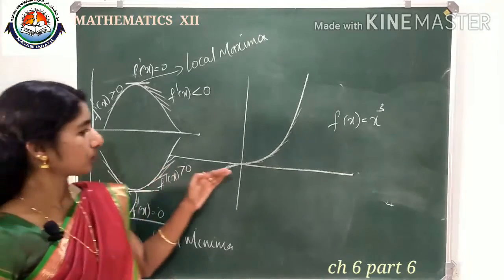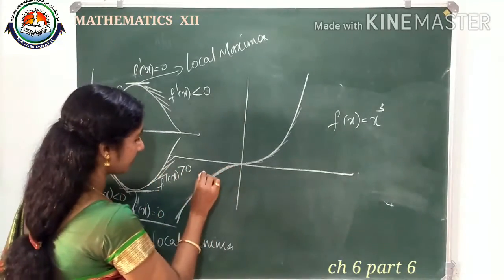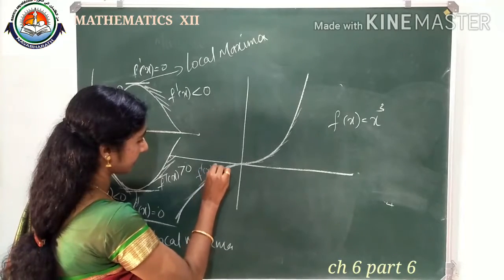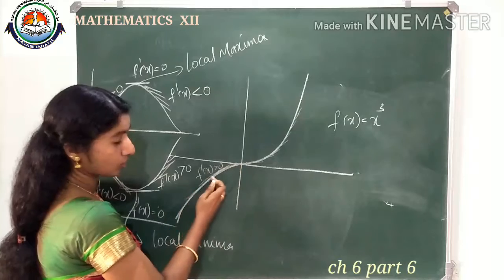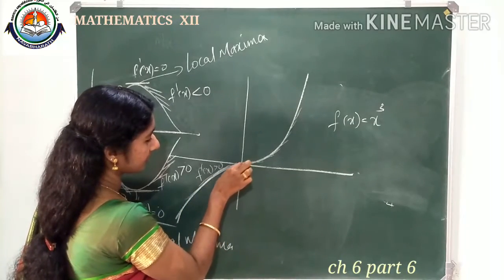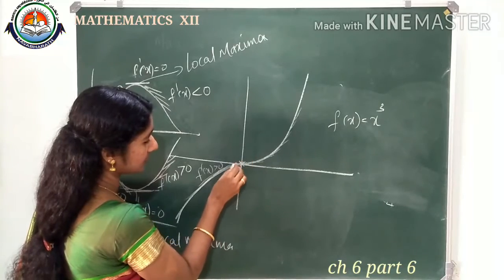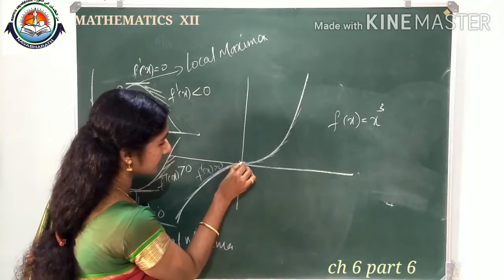Okay, and come to this graph. At this point when we are drawing, see here f dash of x is greater than 0. All these points, slope is positive. And what about this side? At this point what happened for this curve? See, this graph is coming like this.